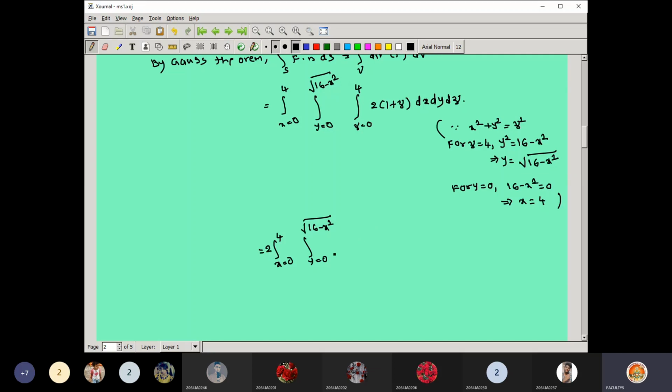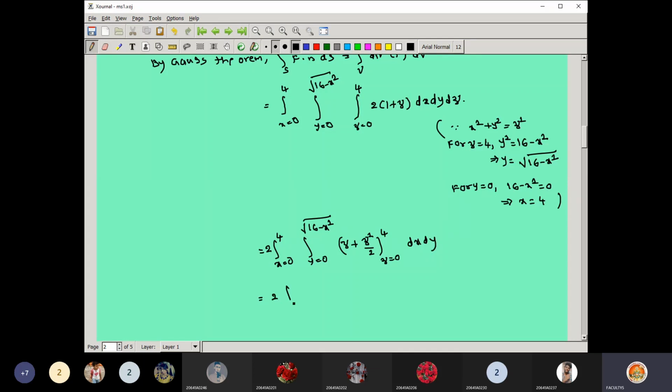That 2 is a constant, so you get z plus z square by 2. So this is about your limits. Here it is z equal to 0 to 4, and I am writing still dx dy, only the integration part.